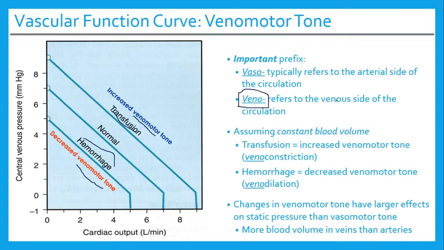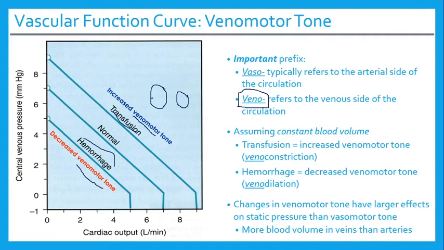So venoconstriction would be a constriction of the veins, therefore taking it from a vein with a larger radius. Venoconstriction would be then decreasing the radius of that vein. As far as the math is concerned, it remains the same. This would increase resistance and therefore increase pressure within that vein.